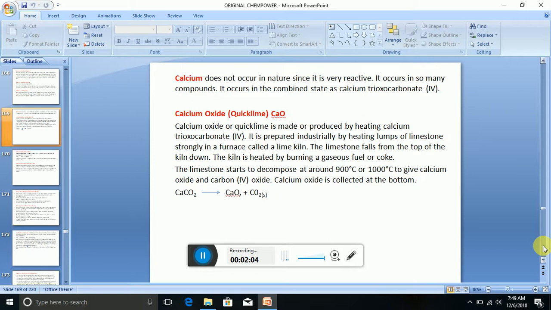The kiln is heated by burning a gaseous fuel or coke. The limestone starts to decompose at around 900 degrees Celsius or 1000 degrees Celsius to give calcium oxide and carbon(IV) oxide. Calcium oxide is collected at the bottom, and this is the equation of the reaction: CaCO3 gives CaO plus CO2.